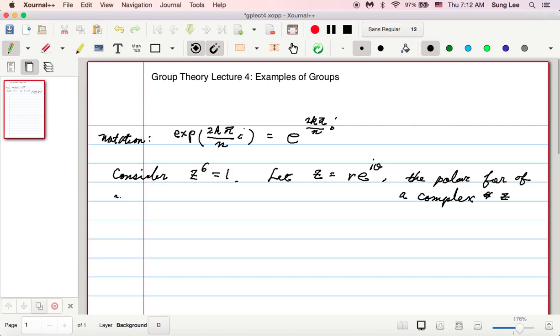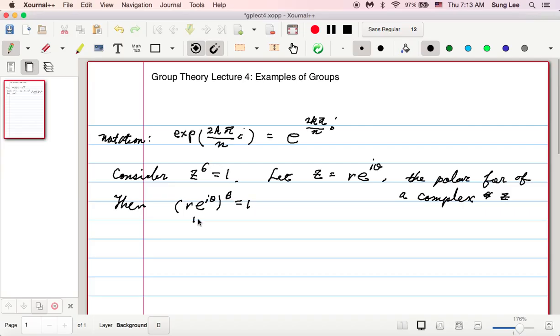Okay, so let's use this. We are going to replace z by this polar form, and so we obtain r times e to the i theta, to the power 6, equals 1.